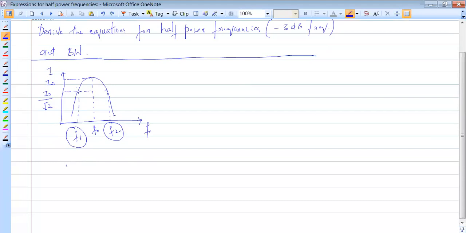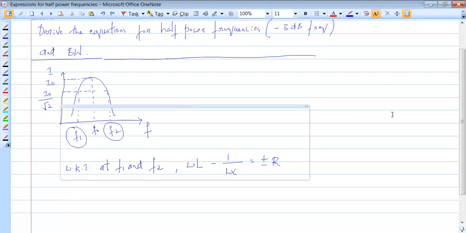We know that at F1 and F2, everybody take down that, omega L minus 1 by omega C is actually equal to plus or minus R. So if you have to put it in words, at half power frequencies, the reactance of this impedance is equal to the resistance of the impedance. That's it. Get this point now?